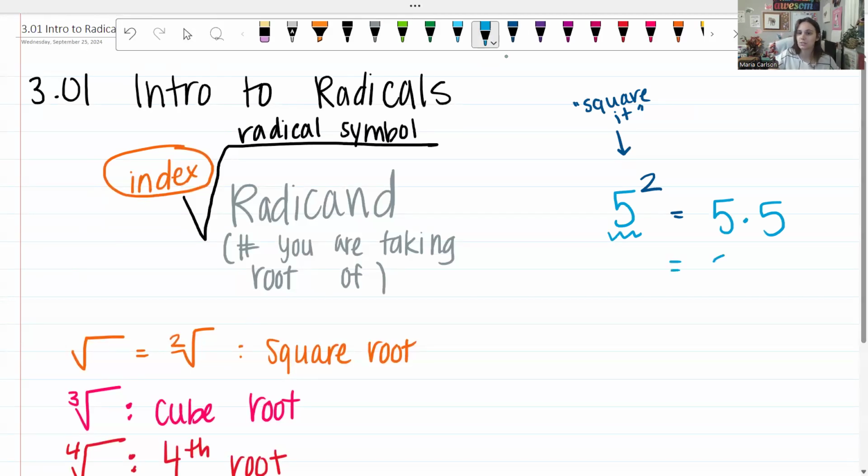We get 25. So 5 squared is 25. If we take the square root of 25, remember there's like an invisible 2 there, we're really taking the square root of that 5 squared.